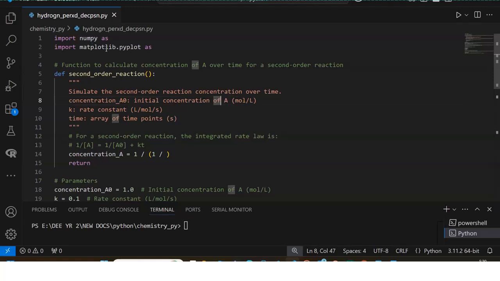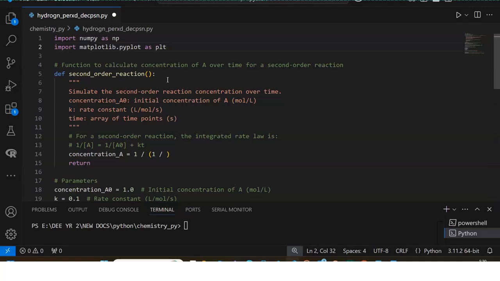Then Matplotlib is another library that helps you to actually do the plotting. So we shall say import numpy as np, then import matplotlib.pyplot as plt, and then we continue.